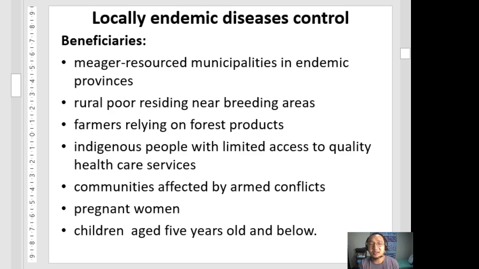Then children aged 5 years old and below, or the under-five children. This is emphasized because according to WHO statistics, this age bracket is very prone to mortality and morbidity. As young as they are, they need to be given extra care also.